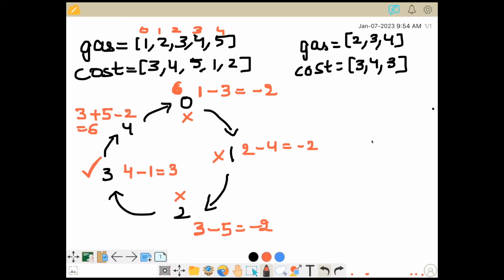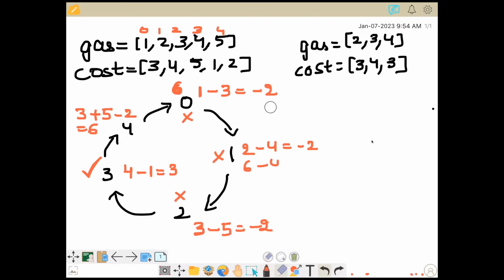From 6 here again, let's see, from 0 to 1, we require 3 gas points. So 6 minus 3 will be 3. Sorry.